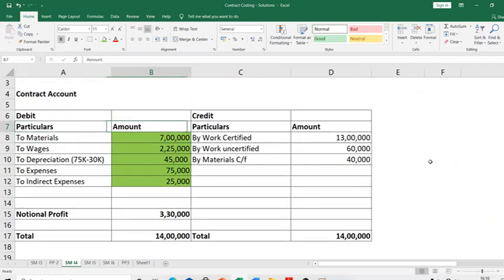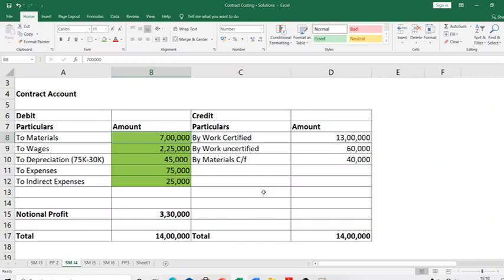At the end of the year, suppose there was no item of materials unused, all the materials were consumed in that year itself, then you don't need to do anything. But if in that year 40,000 worth of materials were not used and you just allow the 7 lakhs to remain here, that means you are debiting an item of expense in this year pertaining to something that was not used this year. Out of 7 lakhs, 40,000 of materials are still lying on the site.